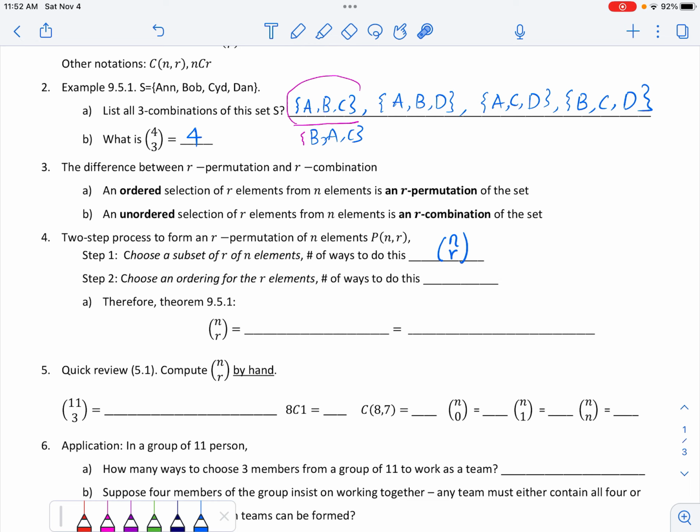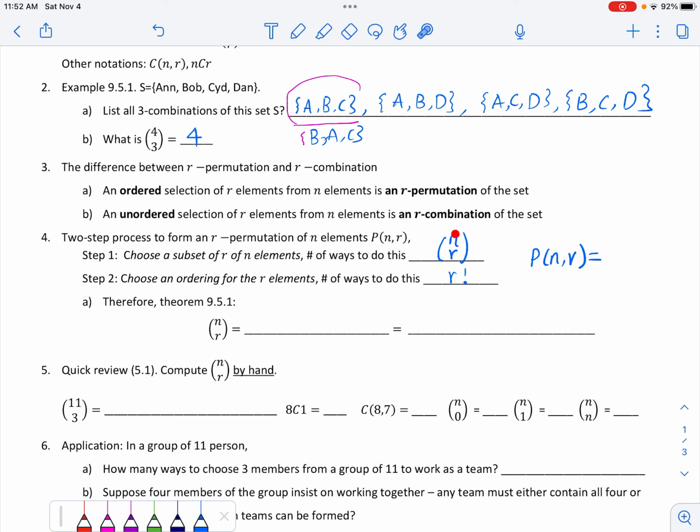Now once we choose r elements from the set of n elements, how many ways are there to order these r elements? It will be r factorial. And therefore P, the r permutation of n elements, can be formed by these two steps.